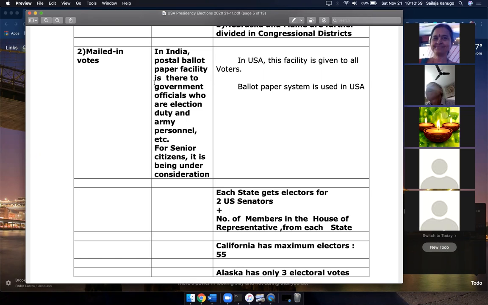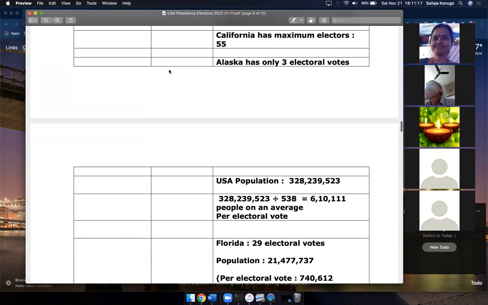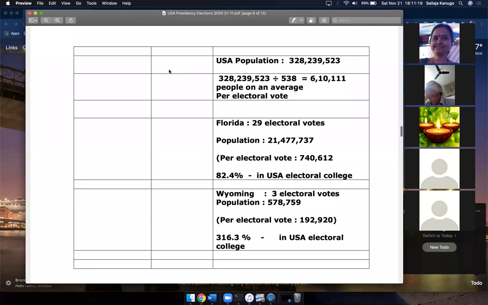Then under the column ACA, each state gets electors for 2 senators plus the number of members in the House of Representatives from each state. California has maximum electors, that is 55 members. Alaska has only 3 electoral votes. The population of USA is 32 crores, 82 lakhs, 39,523.